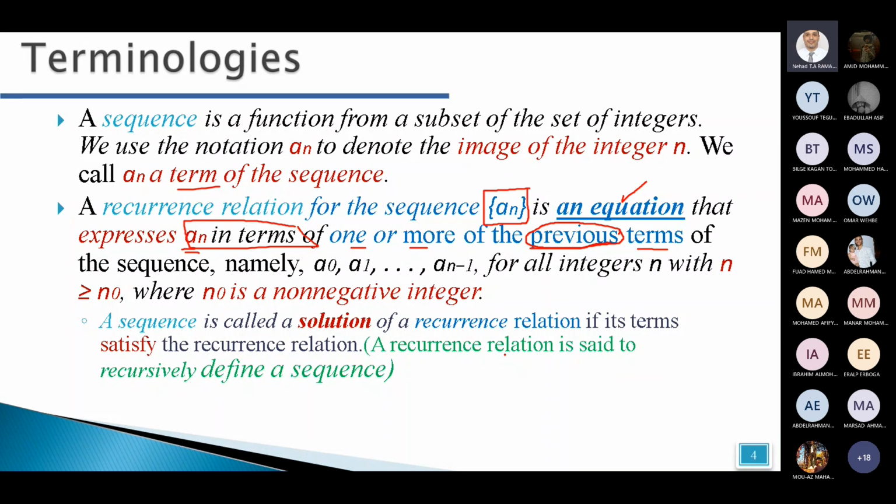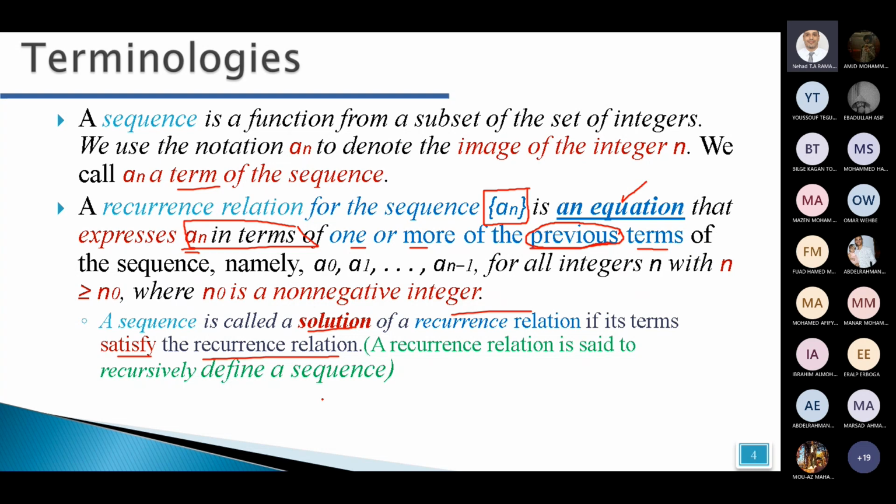Okay, what's the relation between the sequence and the recurrence relation? A sequence is called a solution for the recurrence relation if its terms satisfy the recurrence relation. So if you use the recurrence relation with each term of the sequence and you get the correct value, then we call this sequence a solution for the recurrence relation.